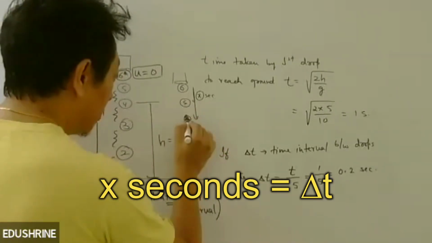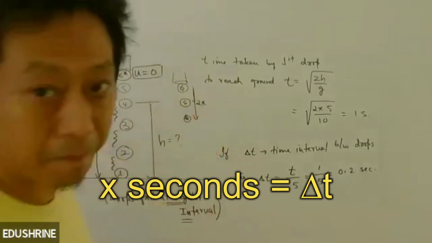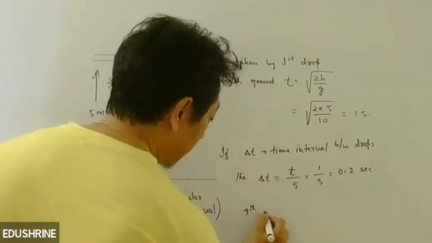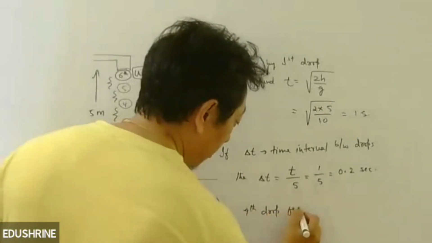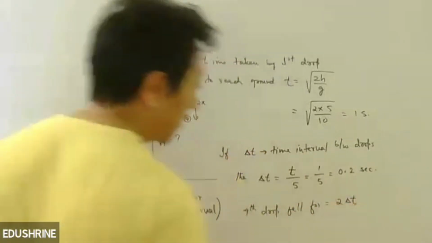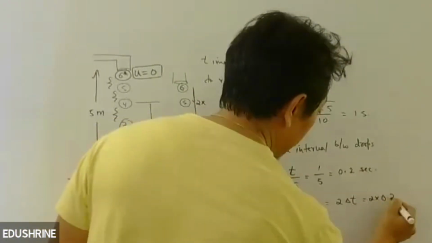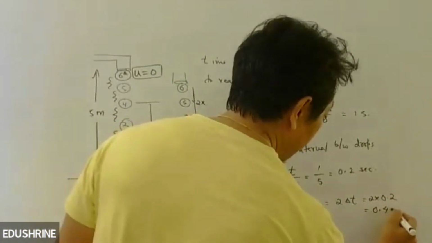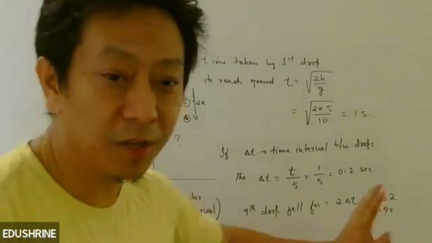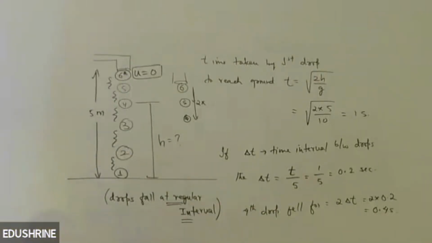So the fourth drop fell for 2X, that means 2 into delta T seconds, that is 2 into 0.2, 0.4 seconds. Now I can find the distance covered by the fourth drop.